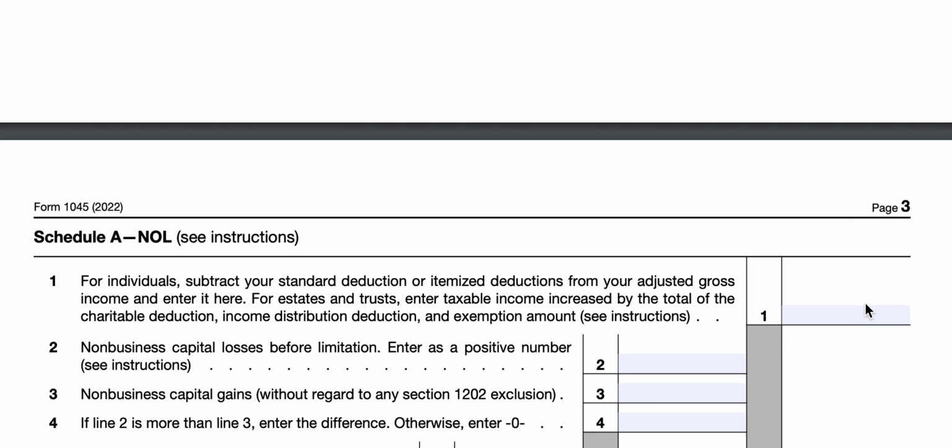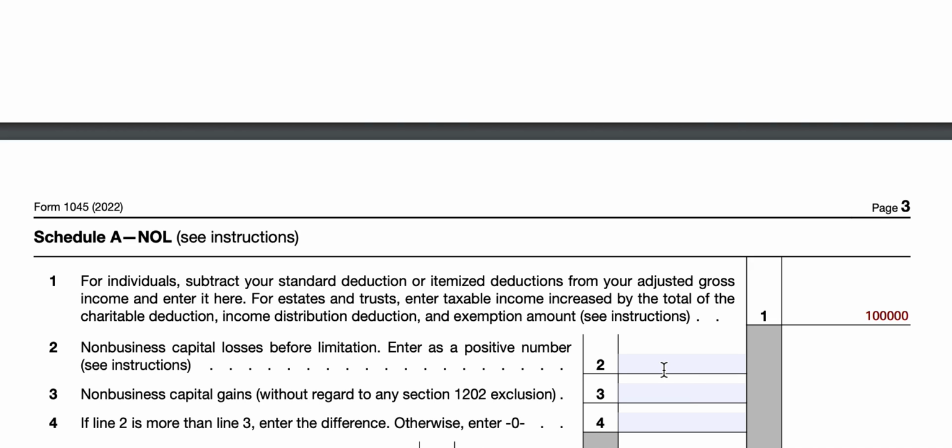For estates and trusts, you can enter the taxable income that was increased by the total of charitable deductions, income distribution deductions, and exemptions. So let's put down that you had $100,000 in income after AGI, after you've subtracted your deduction.